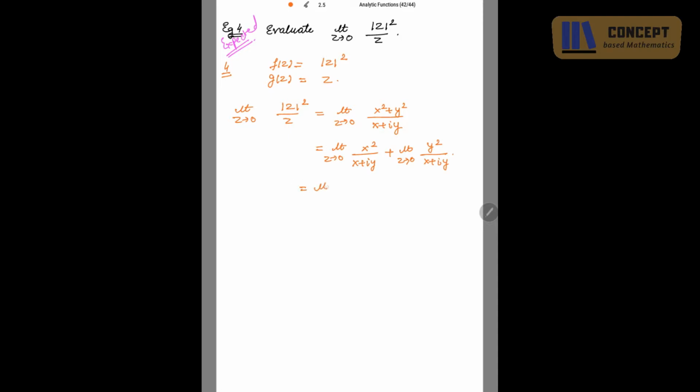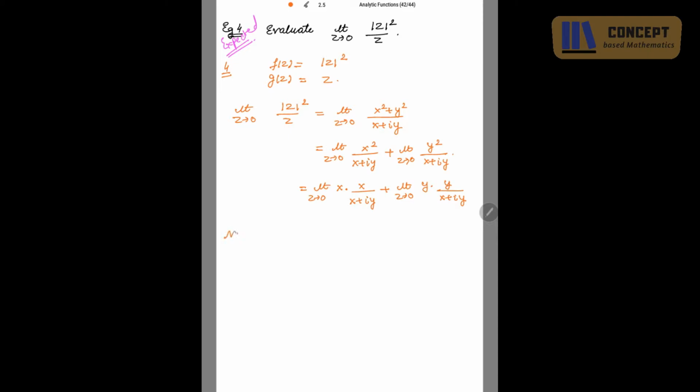Can I write x square as x into x? Yes. Plus, similarly, limit z tends to 0, this comes out to be y into y over x plus iota y.